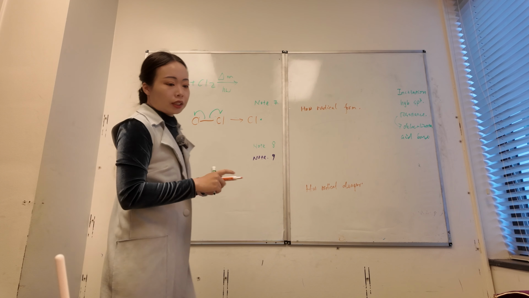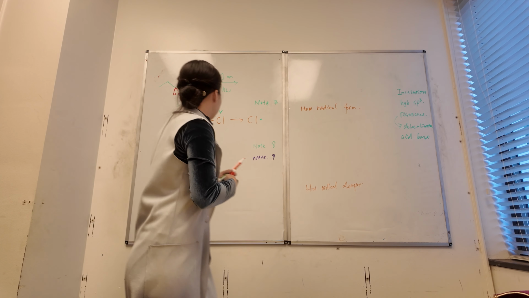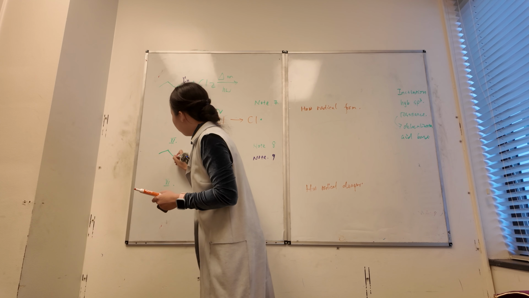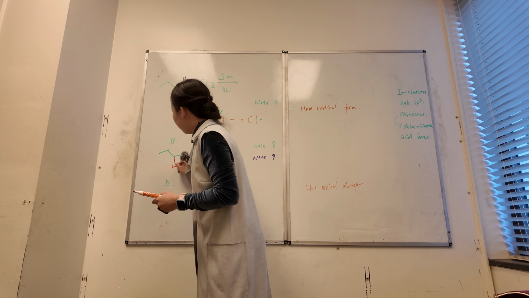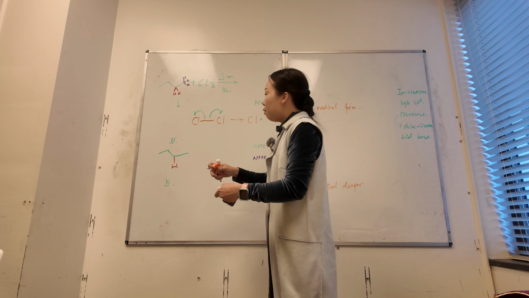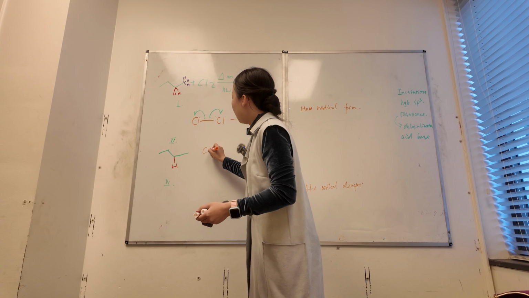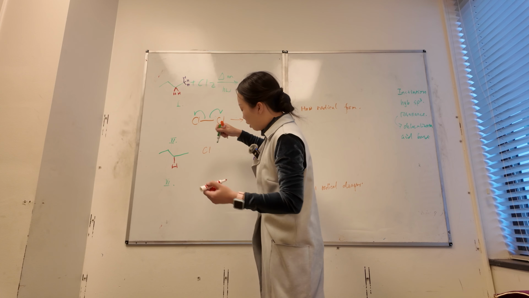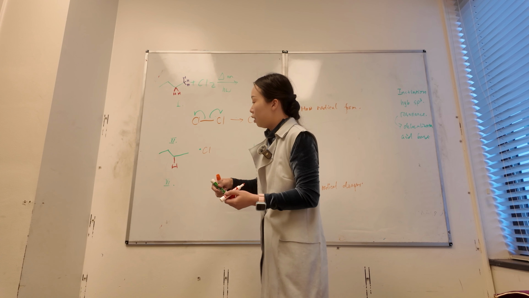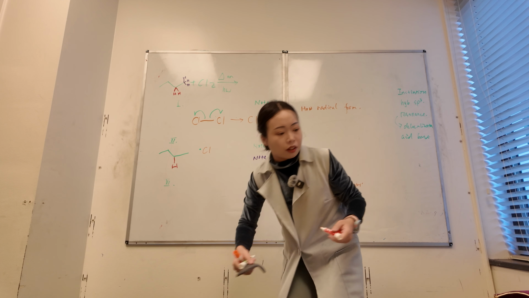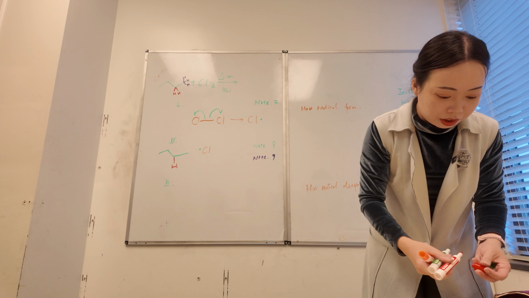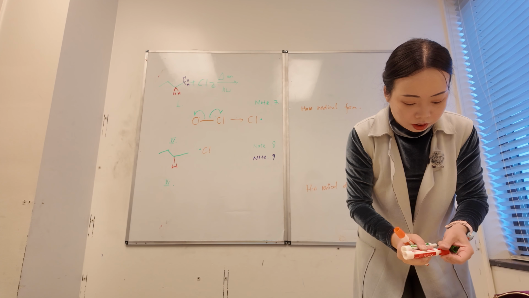I'll write the secondary first, using the same color. Now, this is the red hydrogen. In your mechanism writing, didn't we form chlorine, your chlorine with a green radical? Now we are going to use another different color.